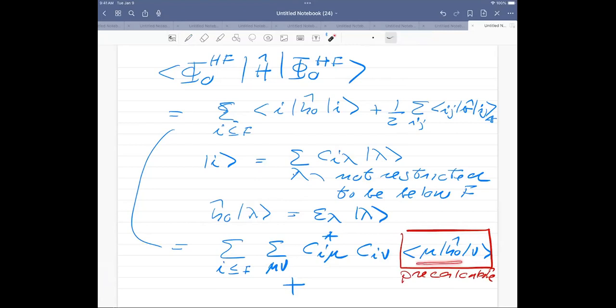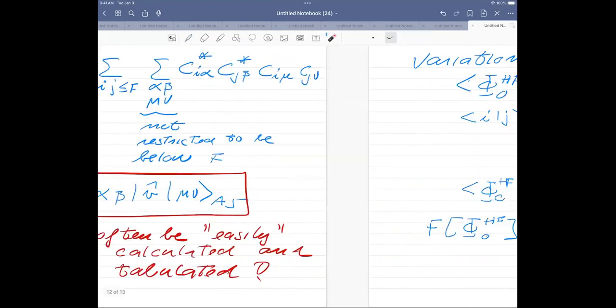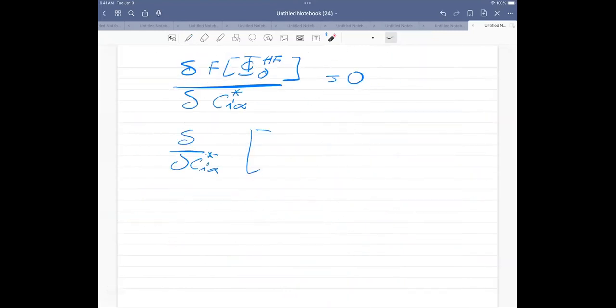So that means that this term is just going to be given by a term which reduces to a sum over just one of the coefficients, or one of the variables, mu and nu. So when I'm setting it up, there's going to be a term with C_i alpha, and then I will have the epsilon alpha, which is simply this integral over H0 of alpha.